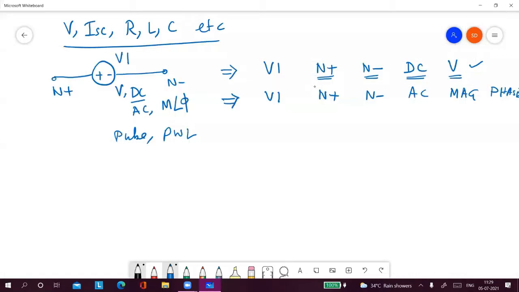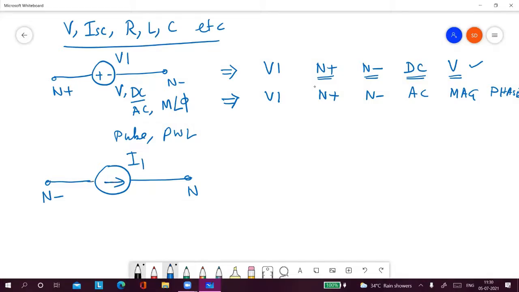Now, say a current source I1, which is the name of the current source, and it is connected between n minus and n plus.